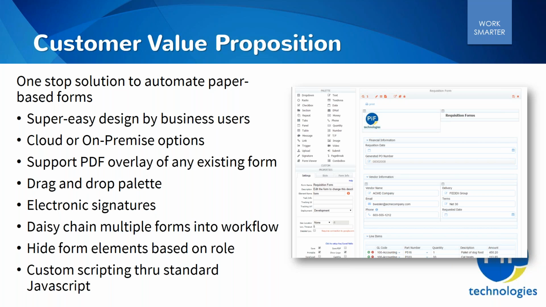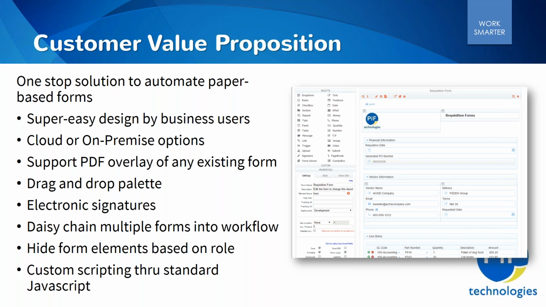We can create what we call a space, as well as the ability to take multiple forms and daisy chain them together. So where you have an HR onboarding, or something that is a multi-step process like an engineering change notice or order, where there's multiple steps in a form, we can take the data that you enter in the first form, and when a form down the stream asks for the same information, maybe your date of birth, your name, your address, your social, the data you already entered will be populated forward.